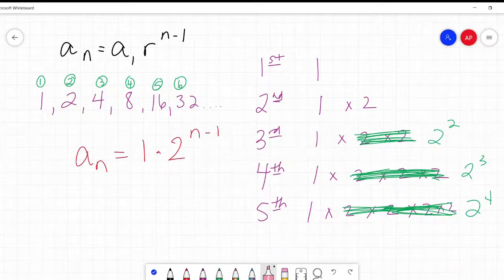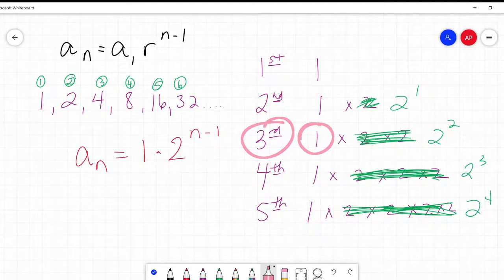And looky there, we've got a pattern emerging. We don't normally write it this way, but we absolutely can say that just 2 is 2 to the 1st. And look at this. The third term is 1, which is the first number, times 2 squared.